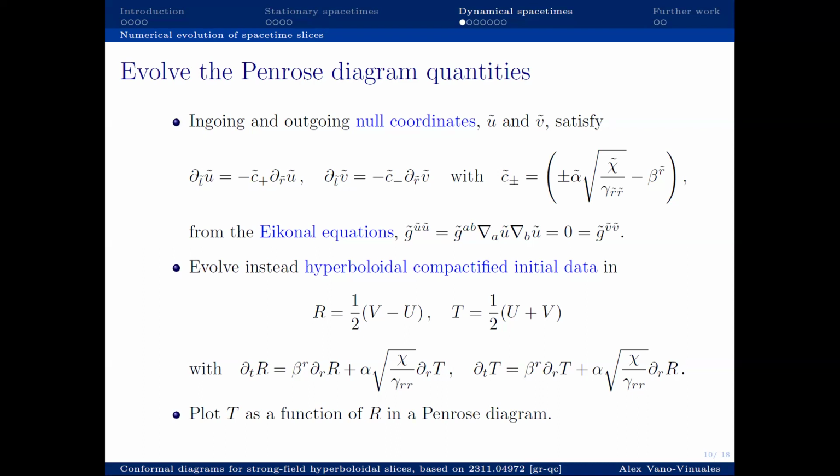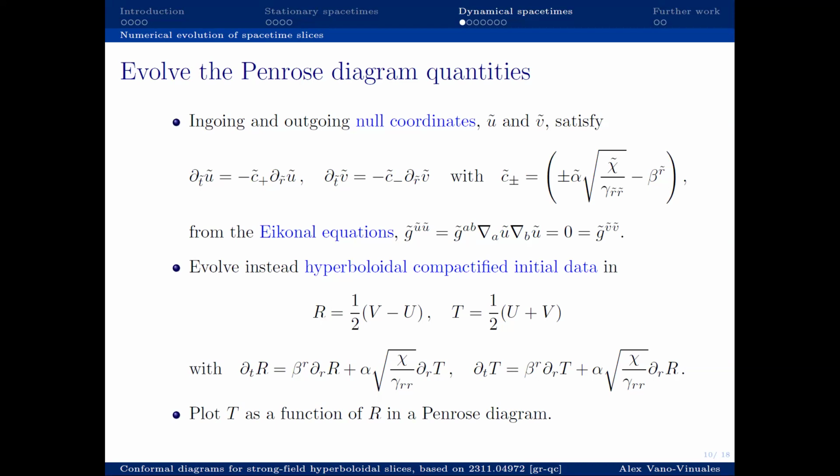If you make all of the transformations that you would perform on your coordinates in order to create a Penrose diagram, you will end up using this capital R and capital T, the way I call them in the paper. And these are nothing but what you plot on the diagram. T is what you plot on the y-axis, and R is what you plot on the x-axis. If you plot one against the other, you get exactly the Penrose diagram.